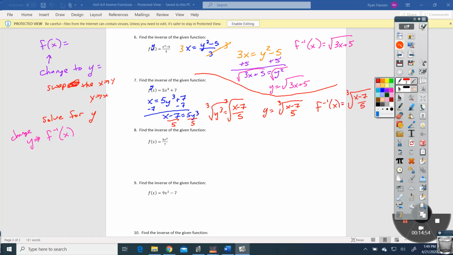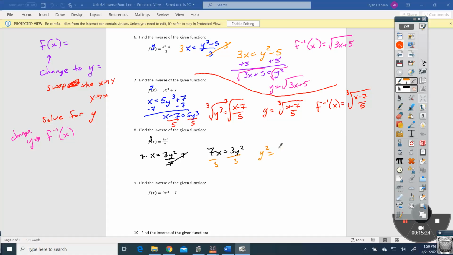Okay. Question number 8. Again, we're going to change f of x to y. Now we're going to swap those. So I'm going to have x equals 3y squared over 7. To get rid of a divide by 7, you multiply by 7. So the 7's are gone. Now I have 7x equals 3y squared. My next step will be to get the y squared alone. To do that, I divide everything by 3.